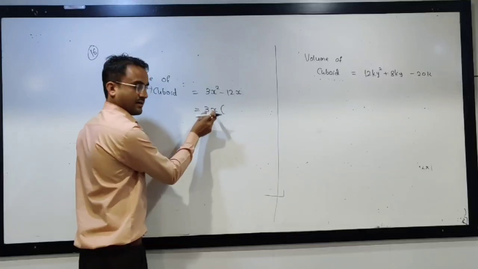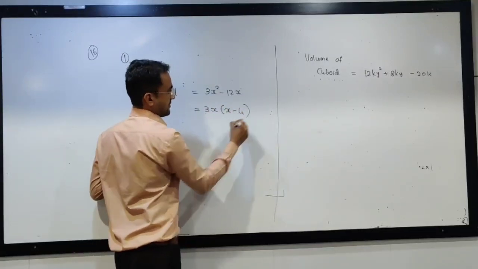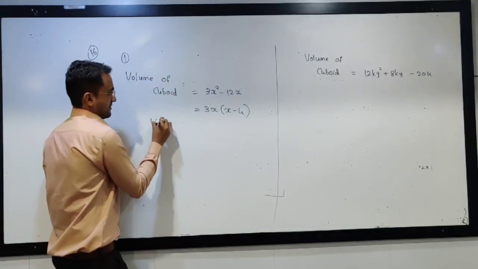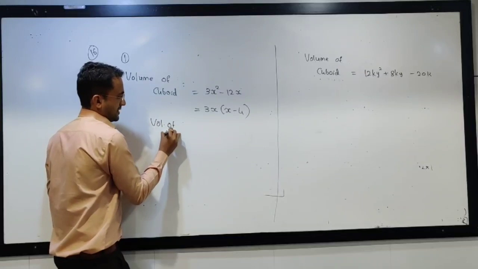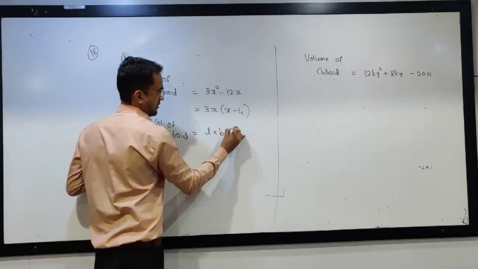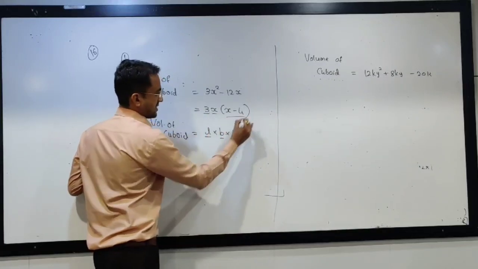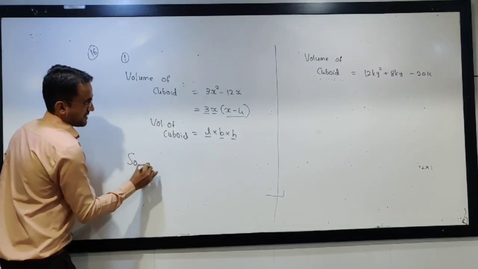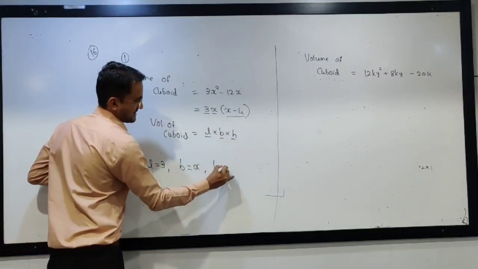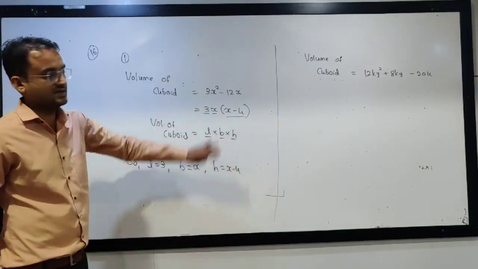Now if I take 3x common, what is remaining? x minus 4. So what is the volume of the cuboid? We know that volume of cuboid is equal to L into B into H. So this one is your L, this one is your B, this one is your H. So L is equal to 3, B is equal to x and H is equal to x minus 4. You just have to compare this with this.